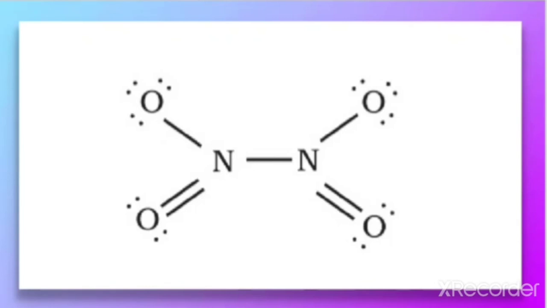From N2O4, how do we make N2O5? Remove the bond between the two nitrogens, keep one oxygen between them and keep the lone pairs on that oxygen. All of you try these structures in this way. Very easily you can make the structures for NO2, N2O3, N2O4 and N2O5.